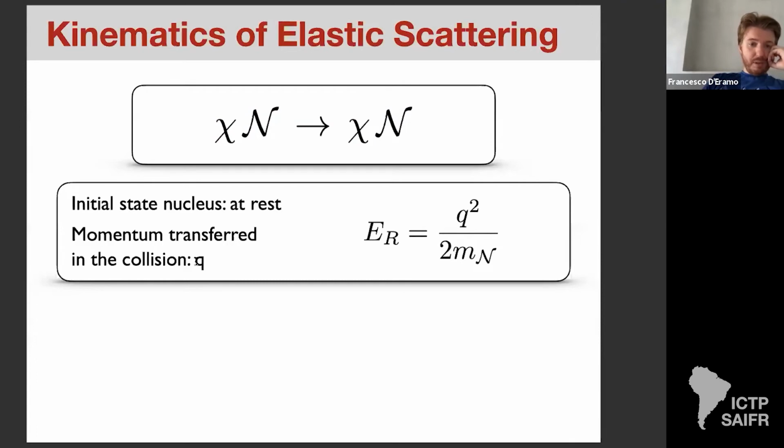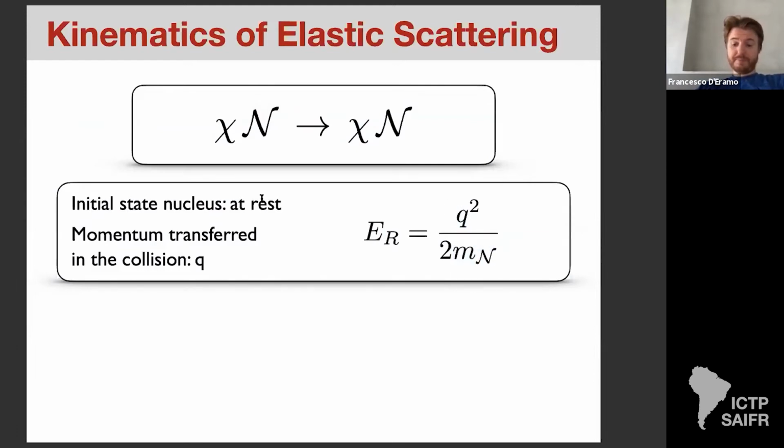So if you call Q the momentum transfer in the collision, the nuclear recoil energy is Q squared divided by 2m_N, because the final state momentum is this, and the initial one is 0. So the final state nuclear momentum is the same as the transfer one. And then you have the non-relativistic dispersion relation relating the recoil energy and the momentum, and m_N is the mass of the target nucleus.